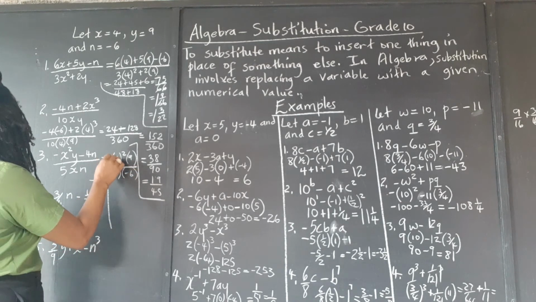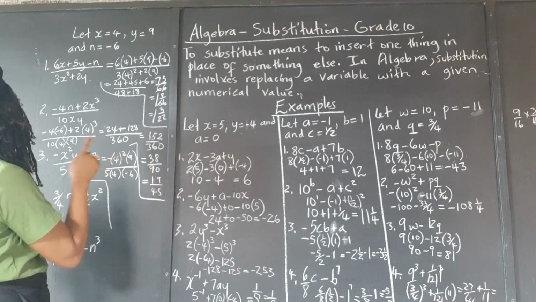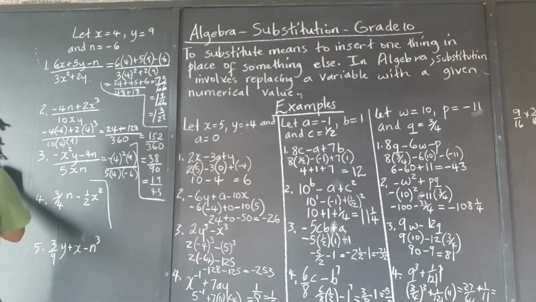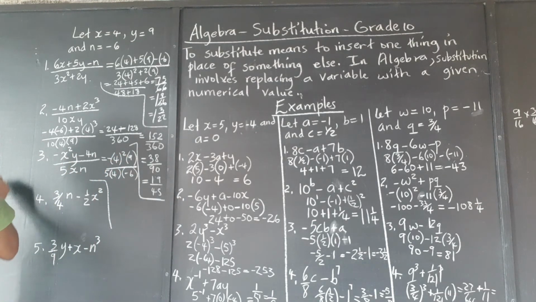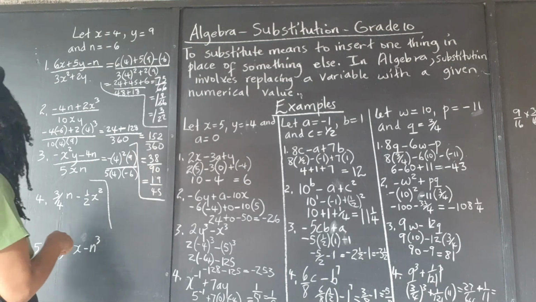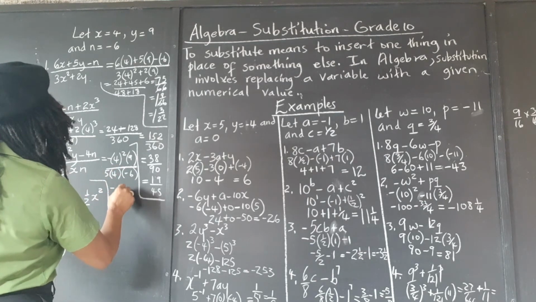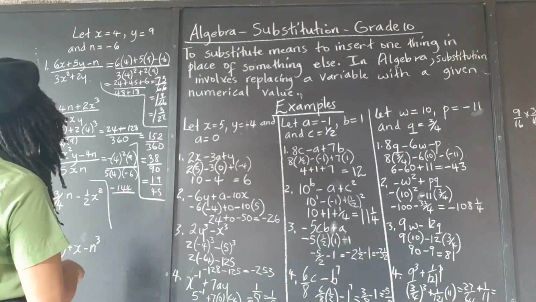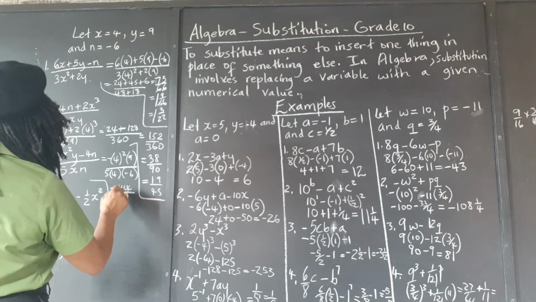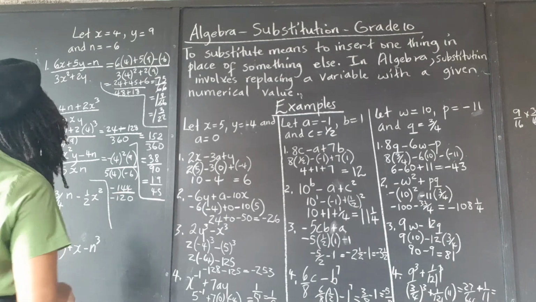So 4 squared, that's 16 times 9. 9 6s is 54. 9 4s is 36, plus 54, that's 90. Negative 144. And 5 fours 20 times negative 6, that's negative 120.